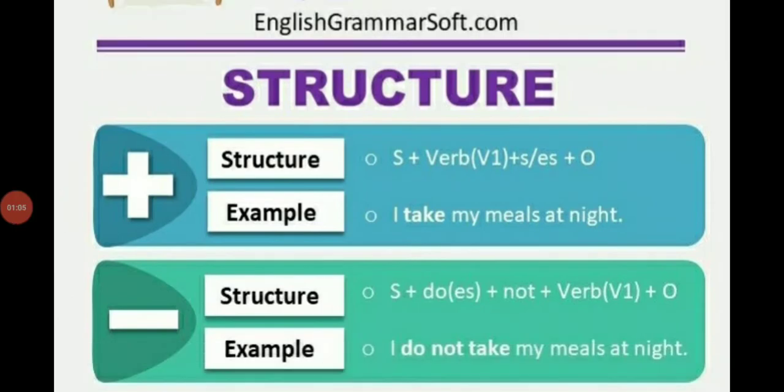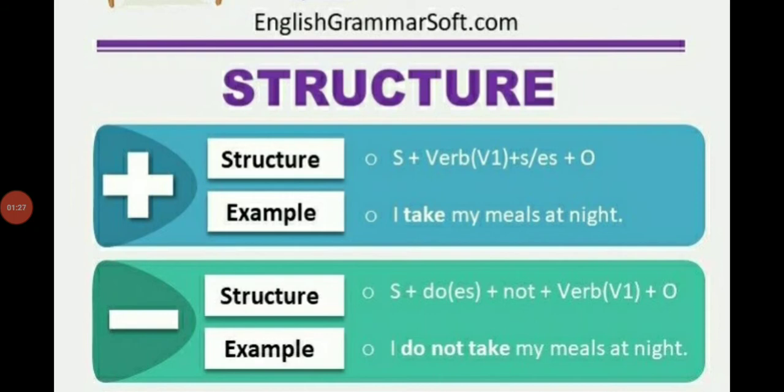You see, this is the structure of affirmative. It's given: subject plus verb first form plus s or es plus object. It means when the subject is singular, singular subject in the sense he, she, it, or any singular name, then we use subject plus verb first form plus s or es.